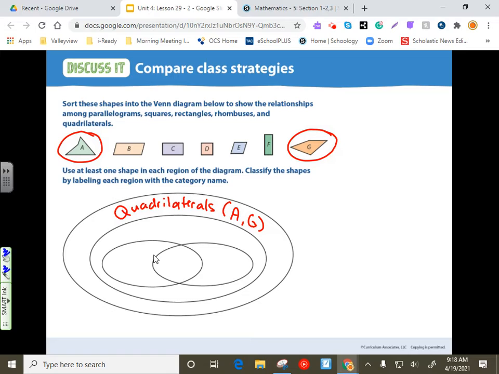Then we've got these other circles here. I need to put something in that next space. Looking at what's left, B, C, D, E, and F, I know I've got this one right here. It's a parallelogram.